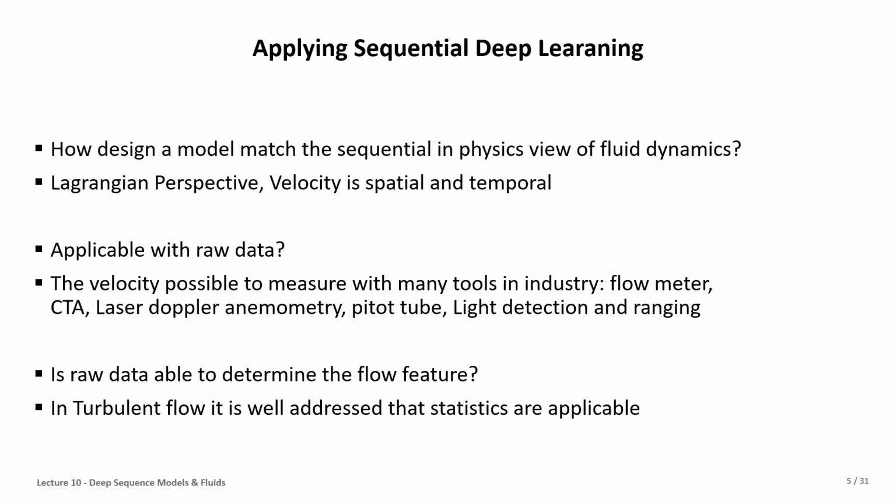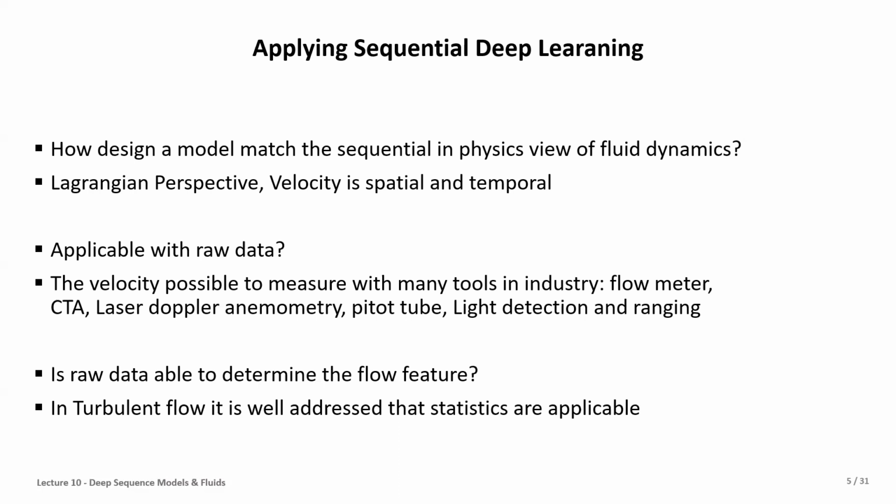Then the next question is how we can apply raw data for the sequential methods. Usually in industry and laboratory measurement, there are many devices to measure the flow properties in time series.